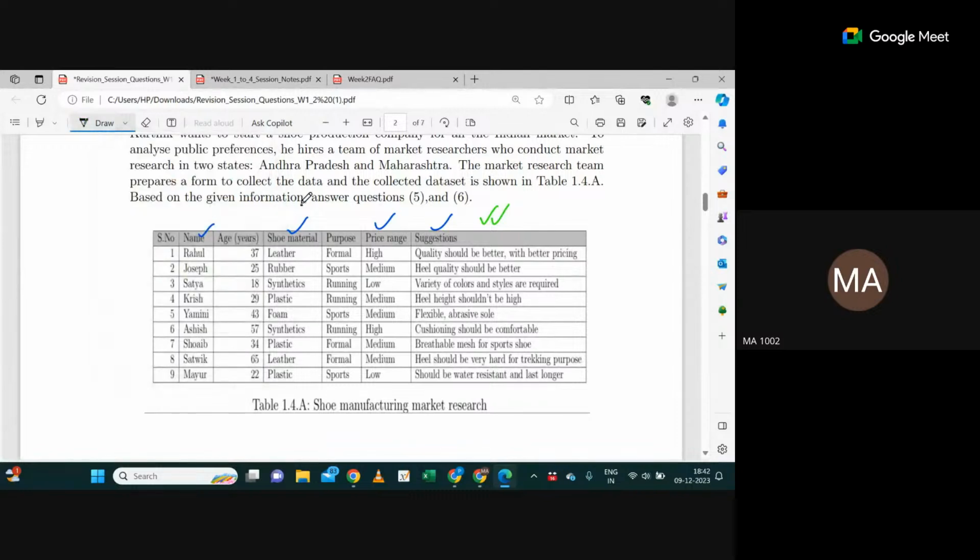Okay. See, first of all, let me tell you, a case or observation is a unit from which your data are collected. And a row represents cases. Yes or no?